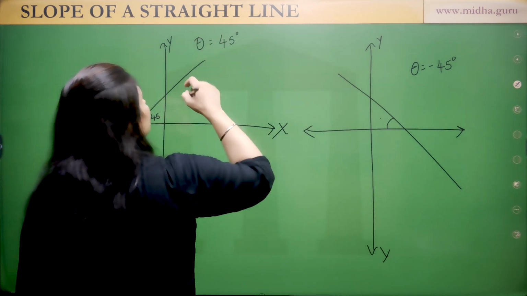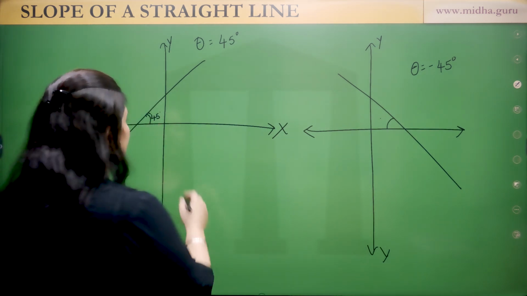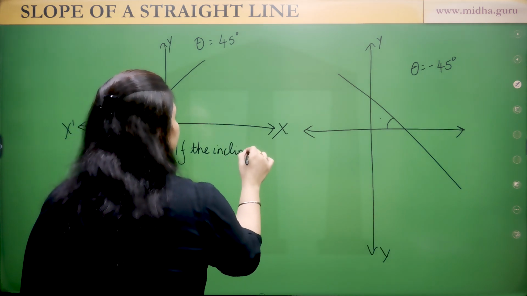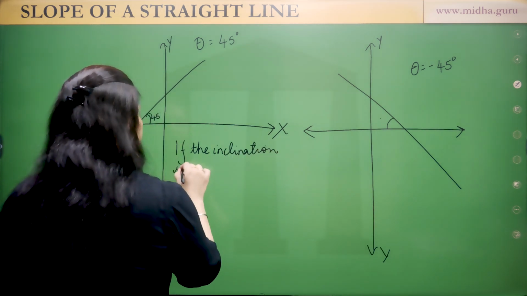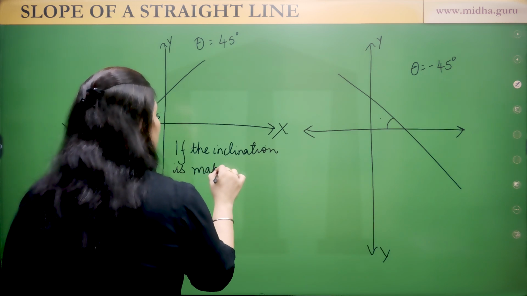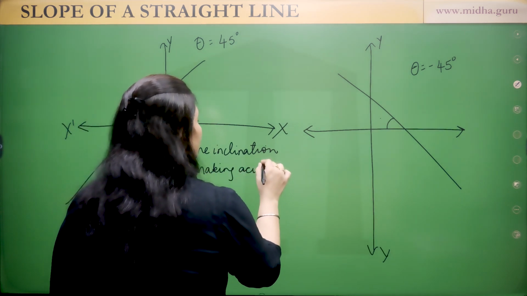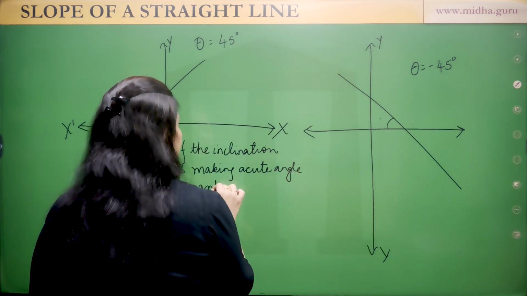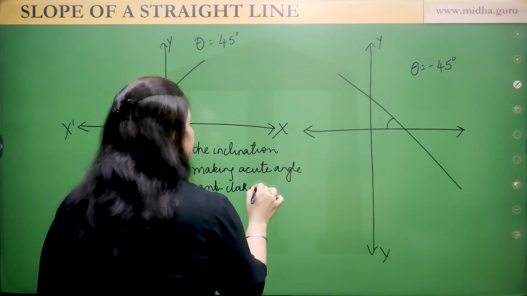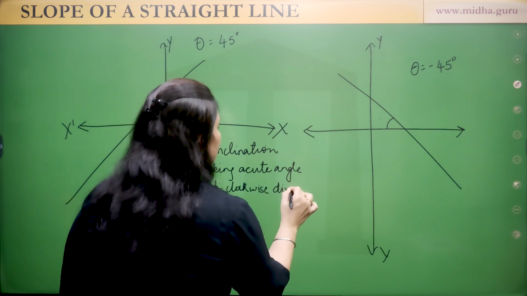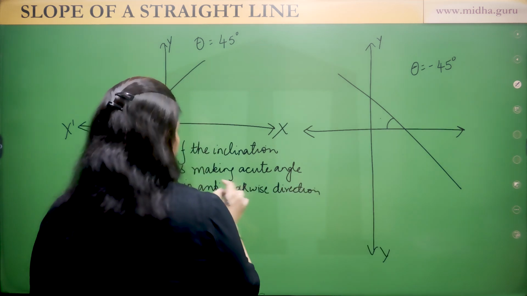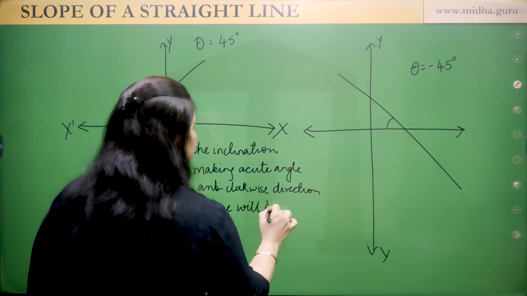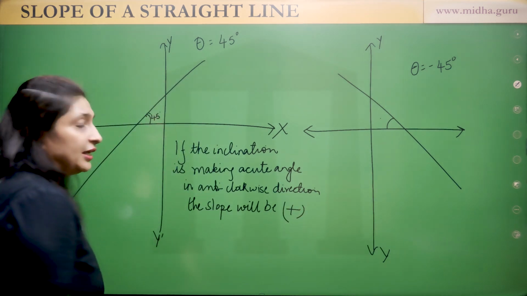So we can say from here that if the inclination is making an acute angle in the anti-clockwise direction, the slope will be positive.